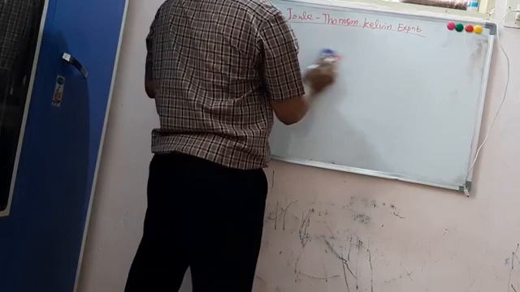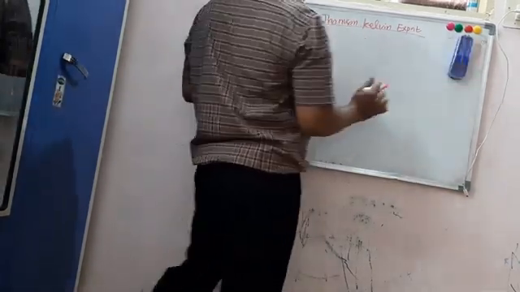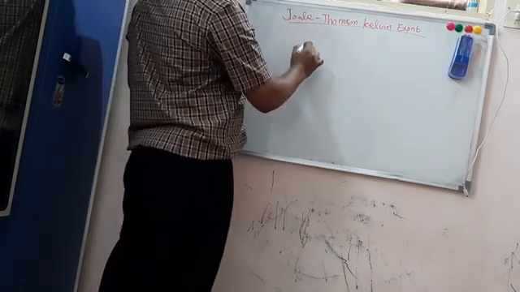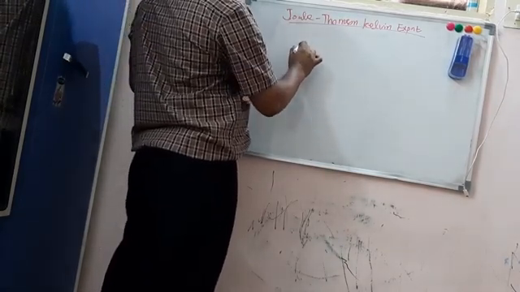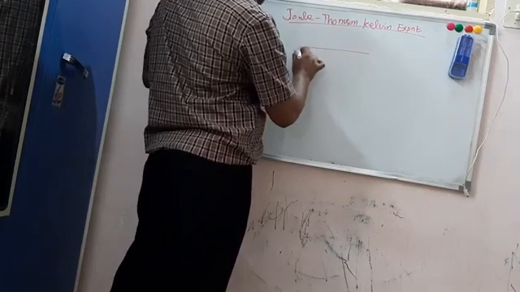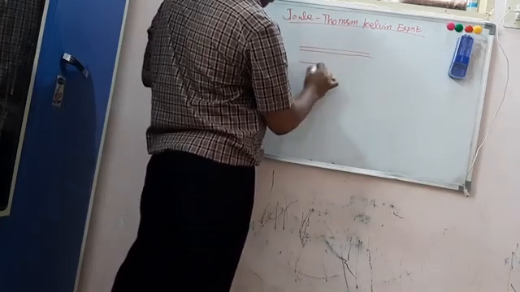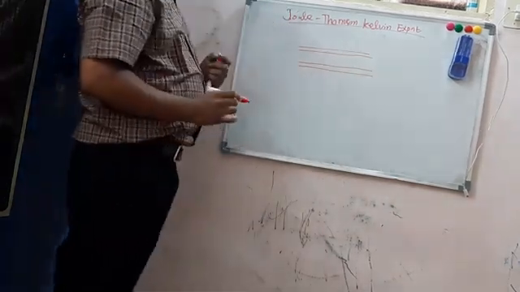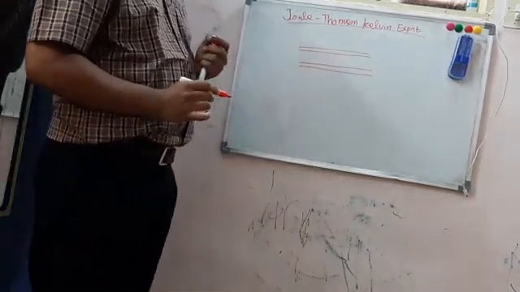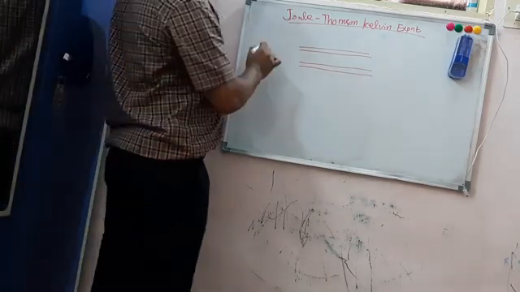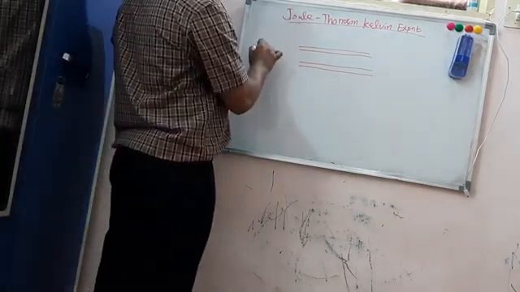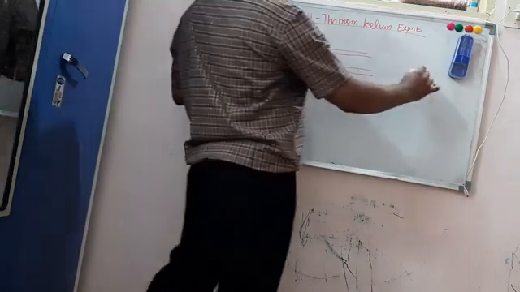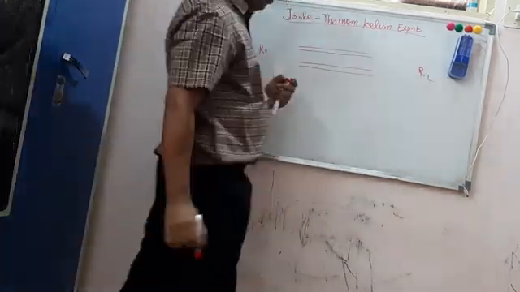Now we will see the experiment. In the case of the Joule-Thomson Kelvin experiment, they used a double walled glass pipe, with reservoir 1 and reservoir 2 or container 2.